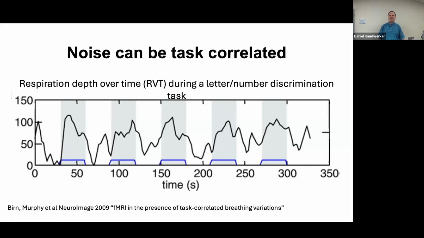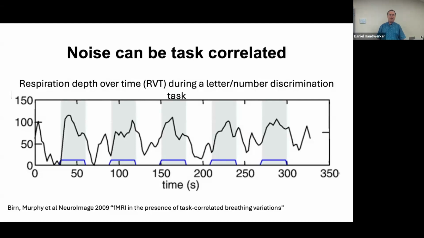And if you attended Brock's talk, you know that respiration variation is one measure that we know causes global changes in fMRI time series. So this is going to integrate itself into your data and be a non-trivial source of noise. I will say there are ways to remove this, and some of them work better than others, but whether or not you remove it, it's incredibly critical to know if it's happening.